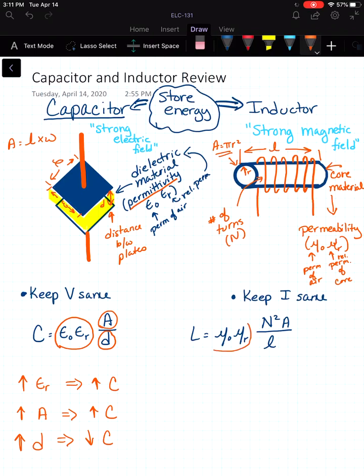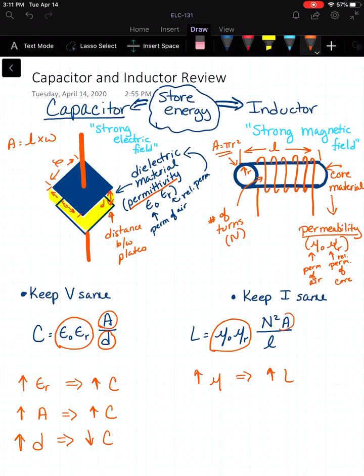So the permeability, again, that's talking about how easy it is to set up a magnetic field in that core material. So the higher that permeability, the greater the inductance, because remember, all of these we're trying to set up as strong a magnetic field as we possibly can.